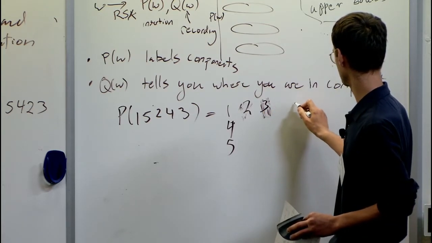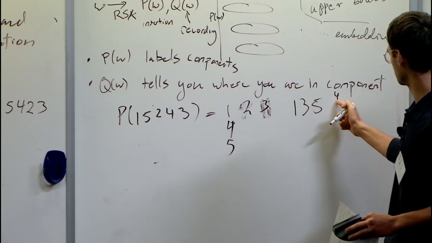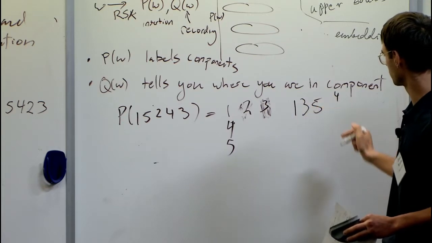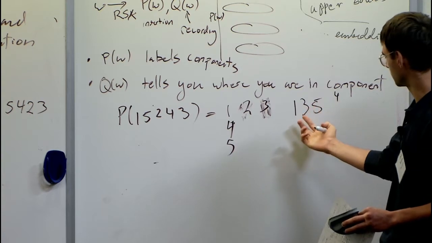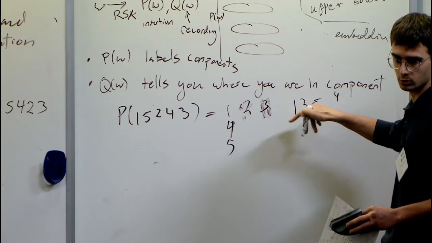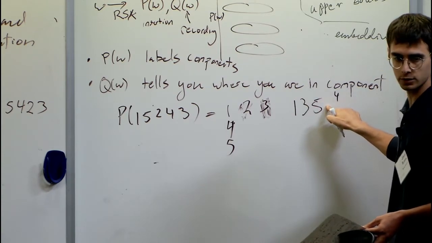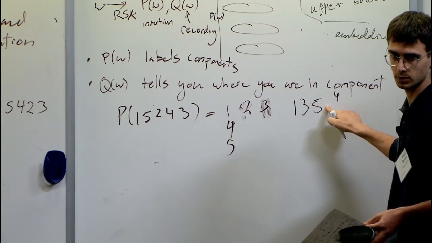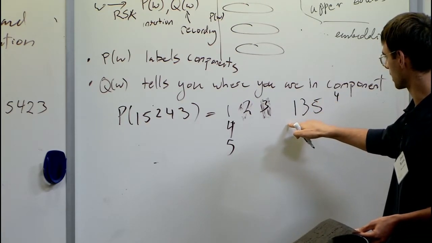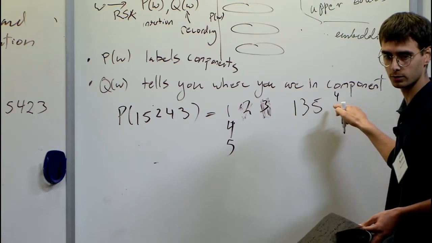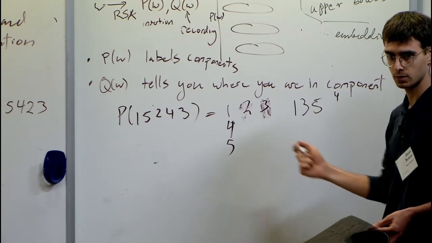If I have 1, 3, 5, and then I insert the 4, I can realize the bumping of 4 into this 1, 3, 5 with a Knuth transformation at 3, 5, 4, and then at the next three letters. What I'll end up with is basically a letter. Either this 4 will go on the end of the row, in which case I don't do anything, or it will turn into a letter followed by an increasing word. And then I do the same thing with that letter to the next row, and so on.